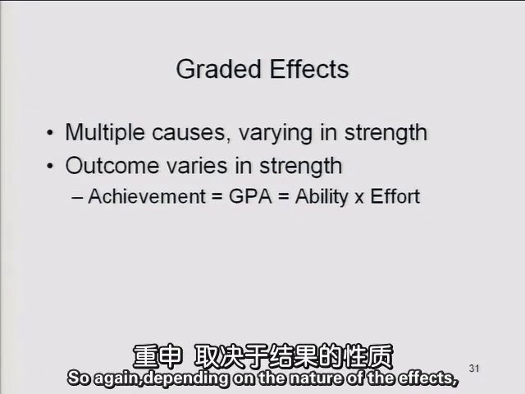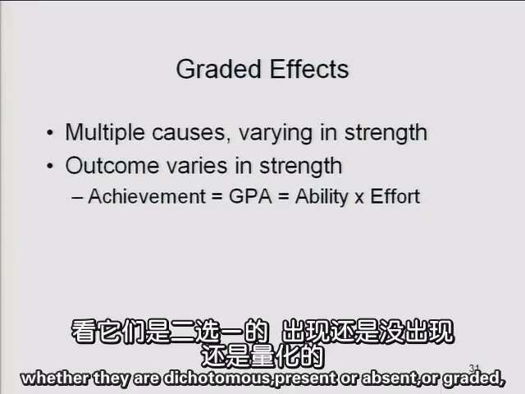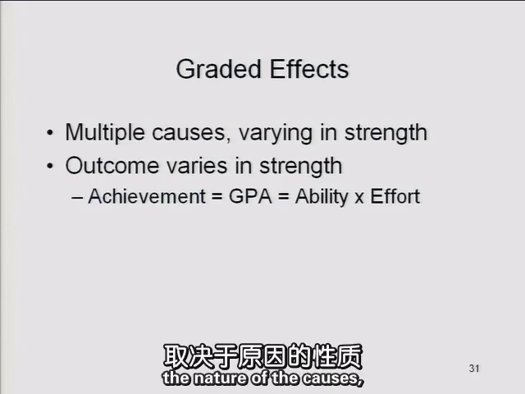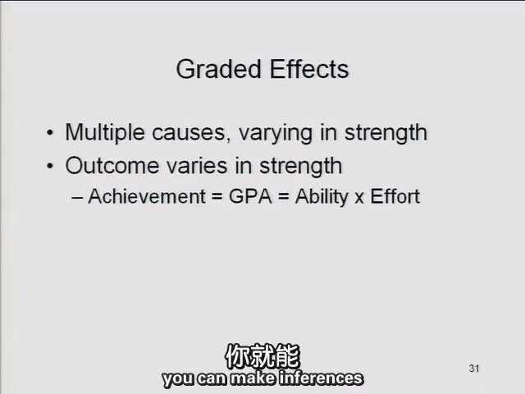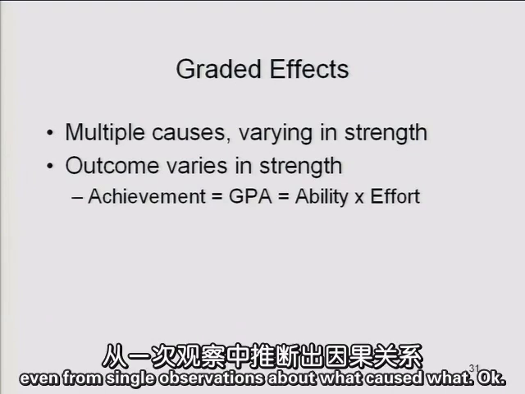So again, depending on the nature of the effects, whether they're dichotomous, present or absent, or graded, and the nature of the causes, whether they're dichotomous, present or absent, or graded, you can make inferences even from single observations about what caused what.